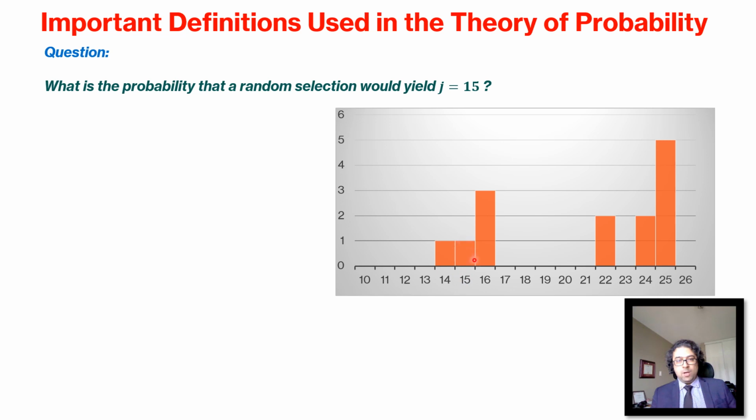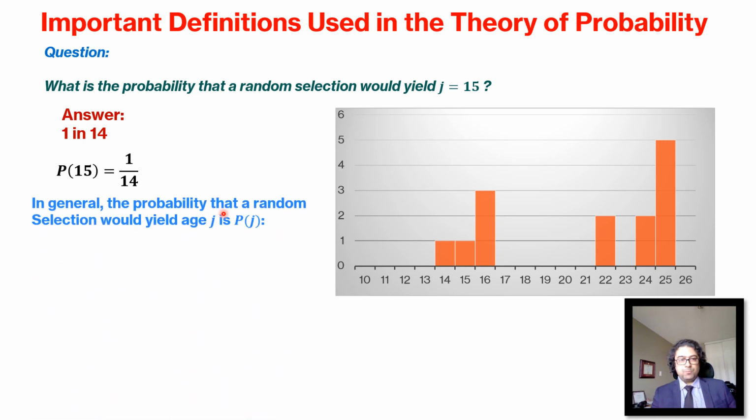There is only one student out of 14 students that has the age of 15, and thereby the probability would be 1 in 14. Notation-wise, this is how I would show it. P stands for probability. The probability of finding an age 15 is 1 over 14. Now, in general, the probability that a random selection would yield the age j would be shown by P of j. So it will be a function of j, right?